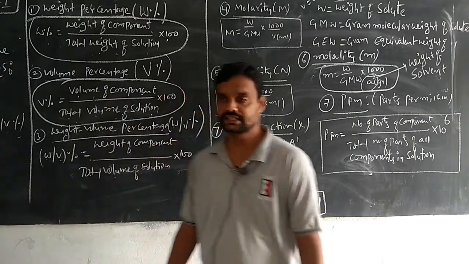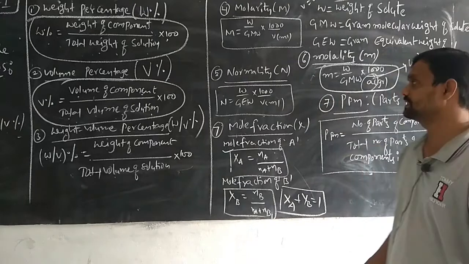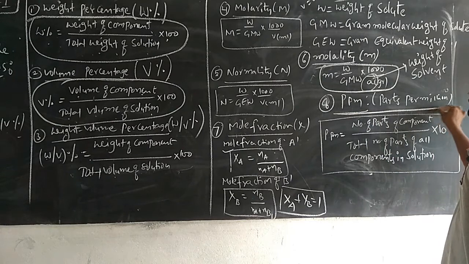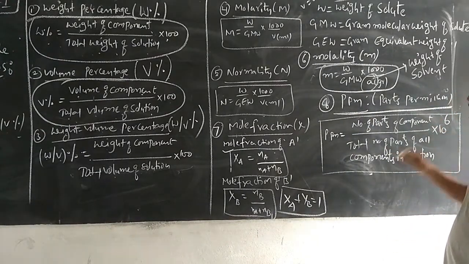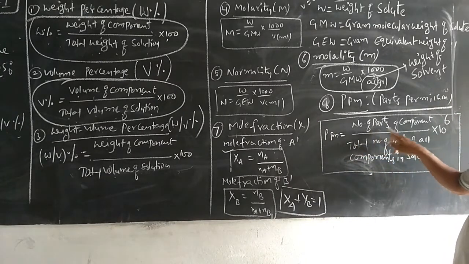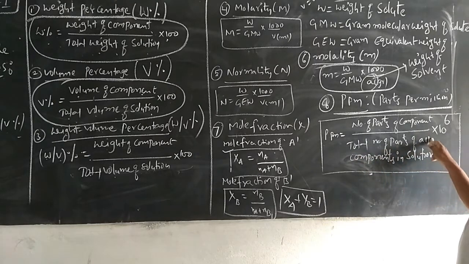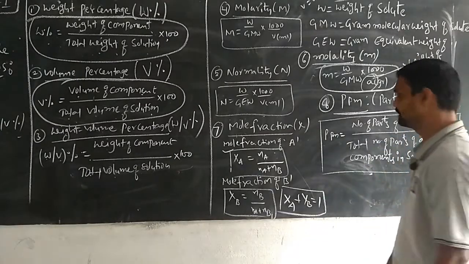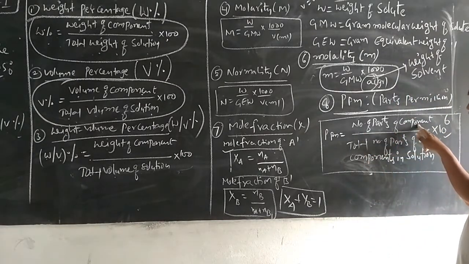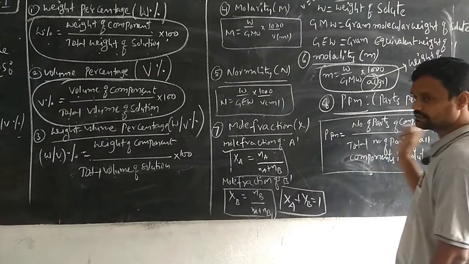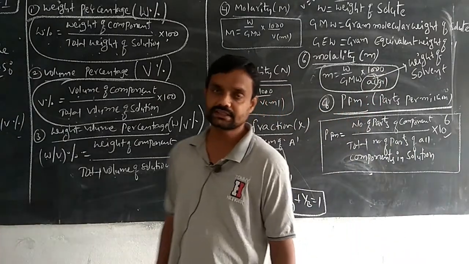Next we move to another method, the ppm method, that is parts per million. ppm is equal to the number of parts of a component divided by the total number of parts of all components in the solution, multiplied by 10 power 6.